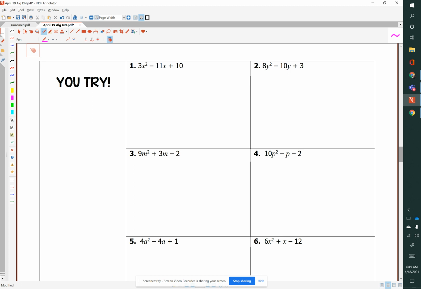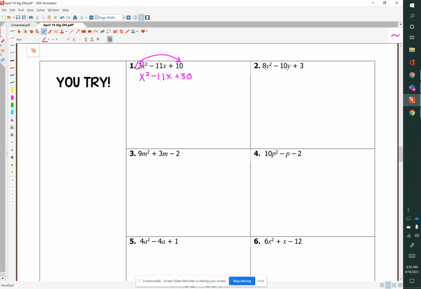Number 1, we're going to take the 3 and slip it next to the 10, multiply it by the 10. And when we do, we have x squared minus 11x, be so mindful of these signs, plus 30. We need two numbers that add to negative 11 and multiply to 30.